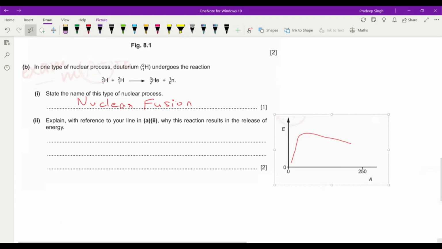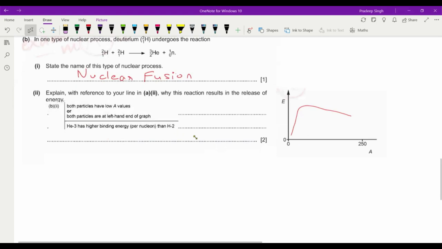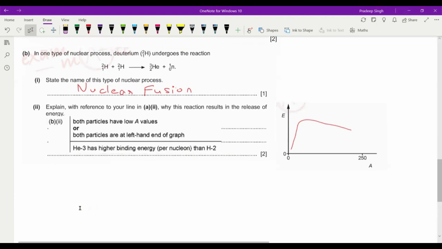Let me show you the official solution first and let's compare. Here we go. Read this. So this is your point, Thiru. Helium-3 has higher binding energy per nucleon than H2, implying more stability.